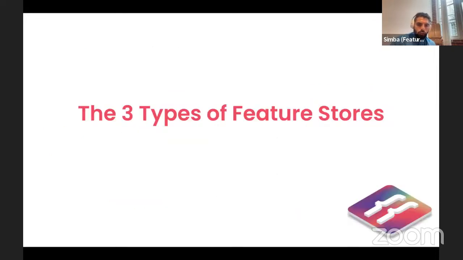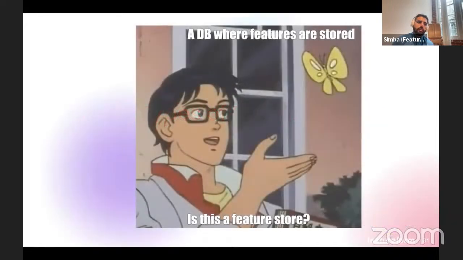There are three types of feature stores. So everything I described is our, as in Featureform's, view on how to think of and build a feature platform. But there are other approaches, and I want to talk about them real quick. One, and the most common approach, is implied by the name.